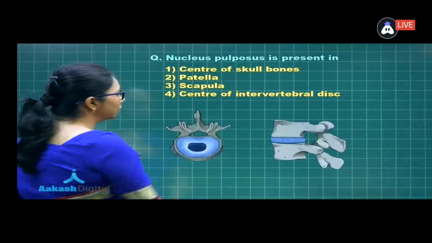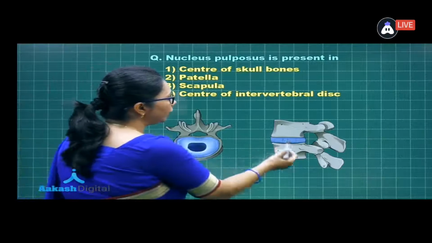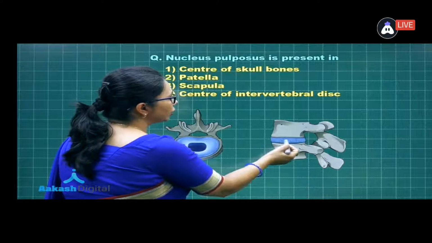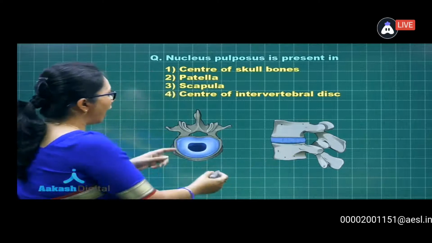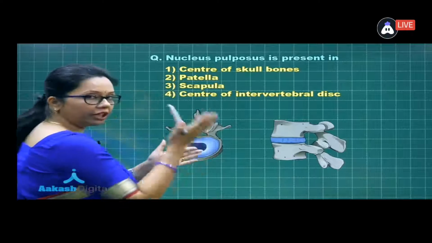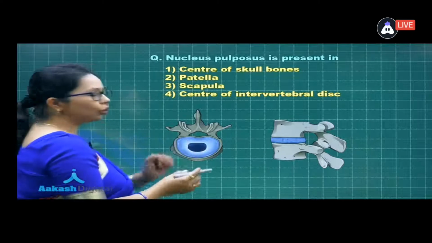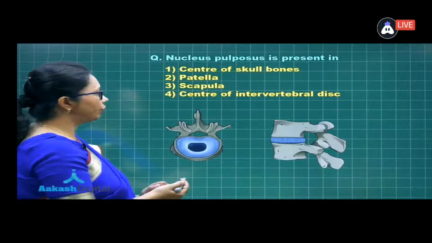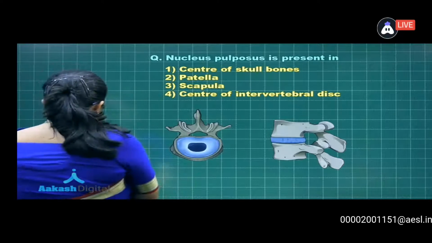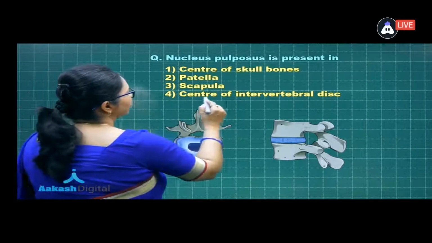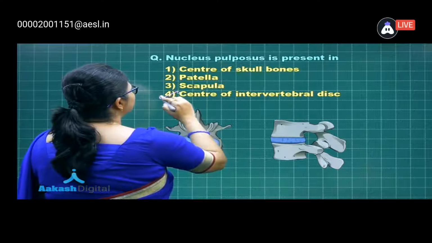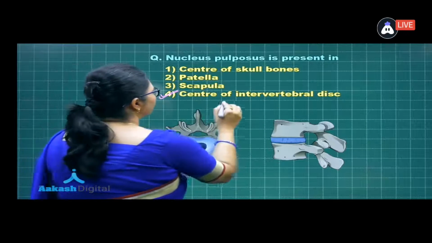Here are the vertebrae, and between the vertebrae is the intervertebral disc. If we cut a section through this disc, there is a remnant of notochord, called nucleus pulposus. So the answer should be the center of the intervertebral disc, that is option number 4.